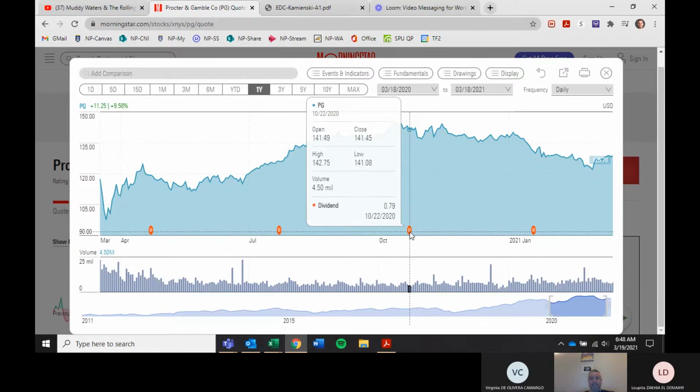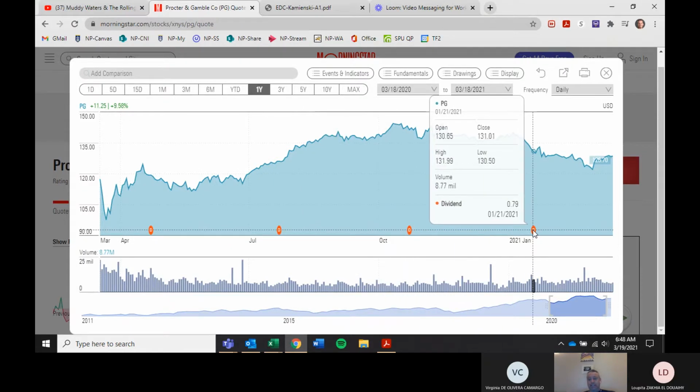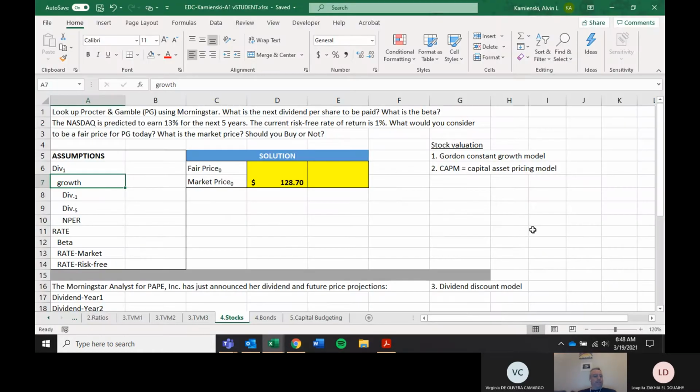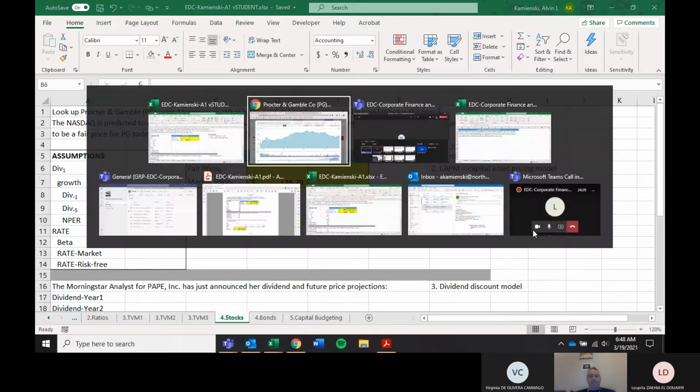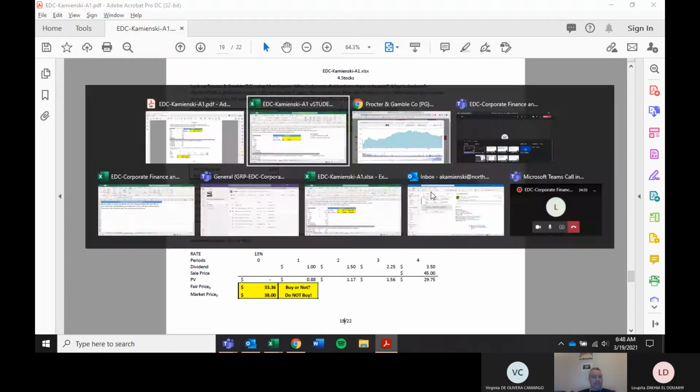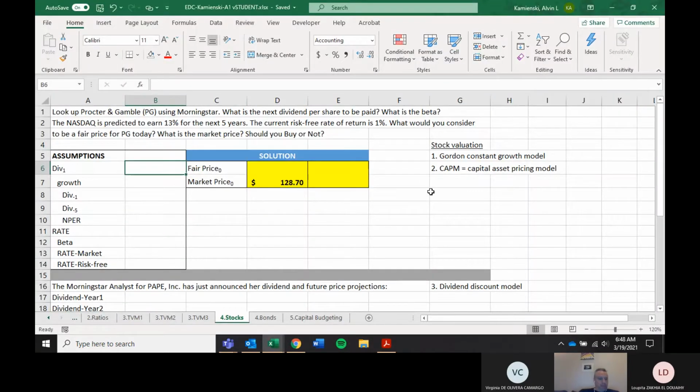Also 79 cents per share. And then just recently, it also paid a dividend of 79 cents per share. So let's go ahead and notate over here that the dividend that it is supposed to pay next is going to be 79 cents, and I just want to make sure, per share.